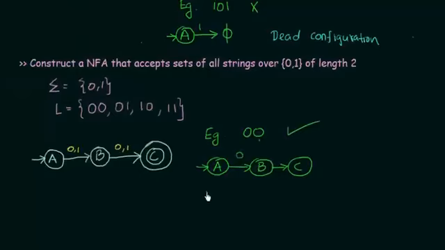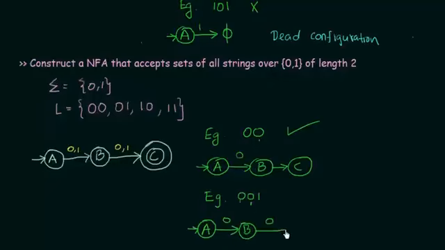Okay, so now let's take another example. In this example, I will take the string 0, 0, 1. Now, should this be accepted? This should not be accepted. Why? Because the length of this string is 1, 2, 3, and the NFA should only accept strings of length 2. So let's see whether this is accepted or not. I start with my starting state A, and the first input I get is 0. So on getting input 0, A goes to B. And what is my next input? My next input is 0.